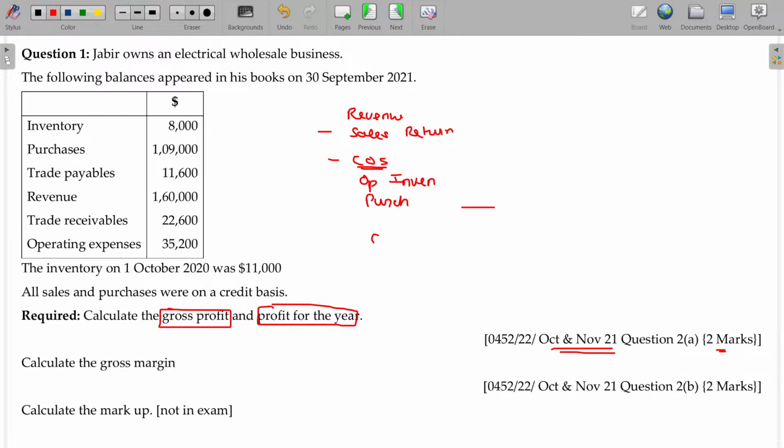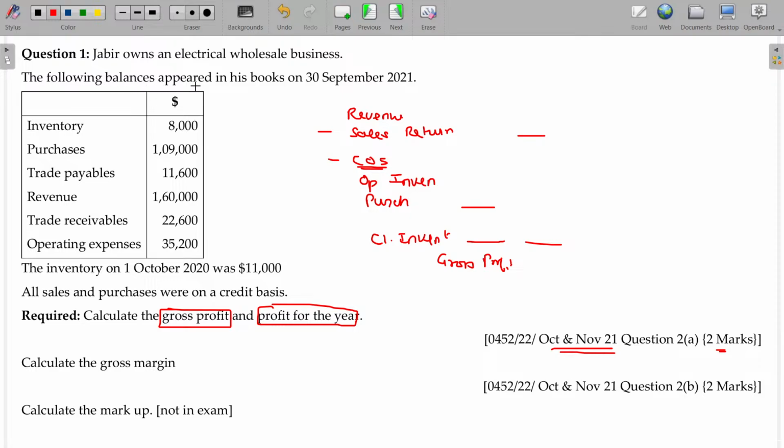From there closing inventory will be subtracted. The difference between the net revenue and cost of sales will be the gross margin, gross profit. With that, if you have any other operating income, you can add, and other expenses can be subtracted.